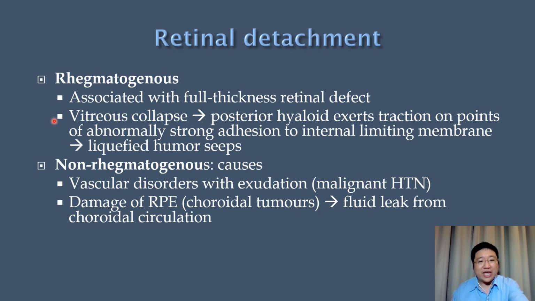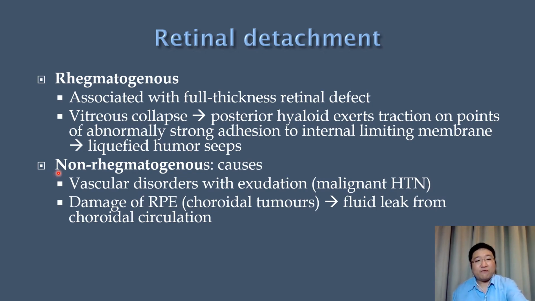So when there is vitreous collapse, the posterior hyaloid exerts traction on the points of abnormally strong adhesion to the inner limiting membrane, and there is seeping of the liquefied humor into the retina, which results in progression of the retinal detachment.